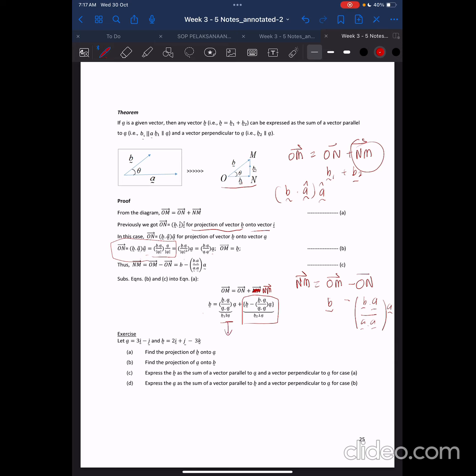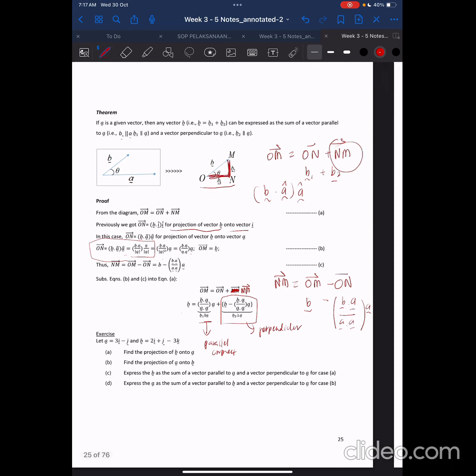So this means that ON is the parallel component, and this one is the perpendicular component. Alright, so there's another exercise here that you should try, and then we will discuss it in the class later on. Okay, alright, 4.1.2 I will do in another video.